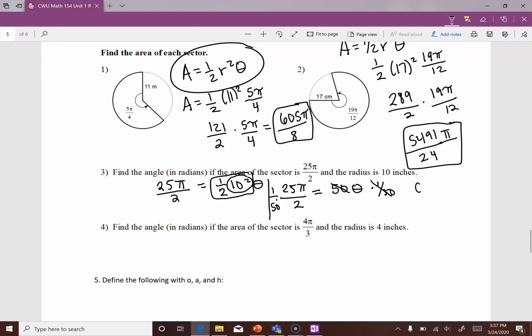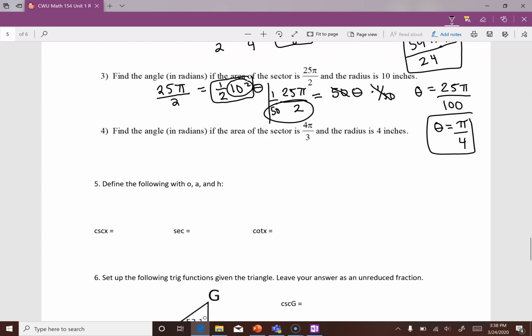And I'm left with theta is equal to 25 pi, and then 50 times 2 is 100. Well, what does 25 over 100 reduce to? It's definitely 1/4, so theta equals pi over 4. And we're done there.